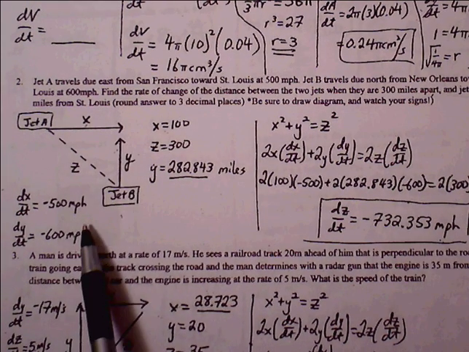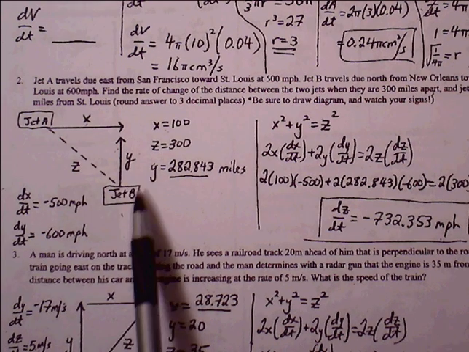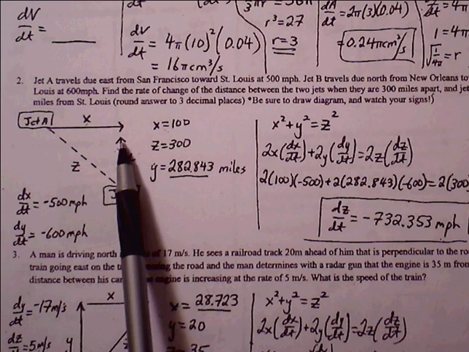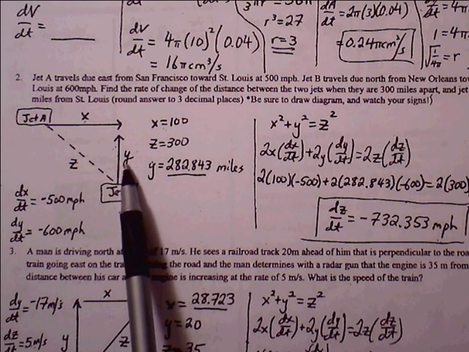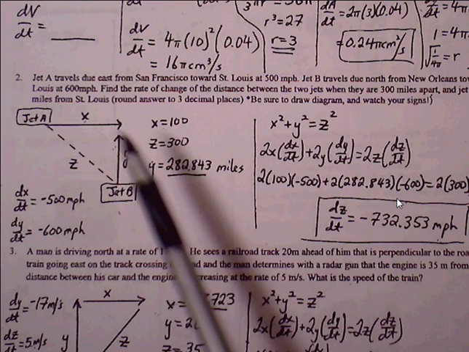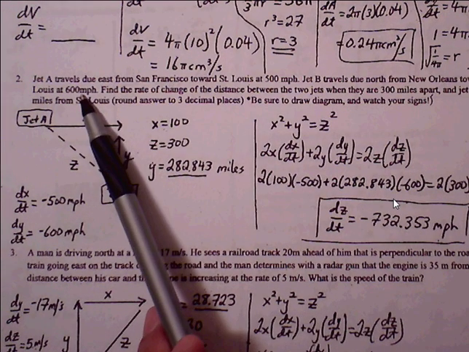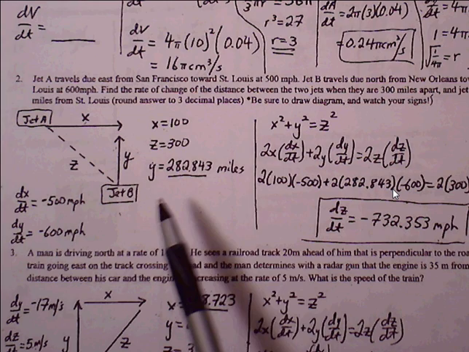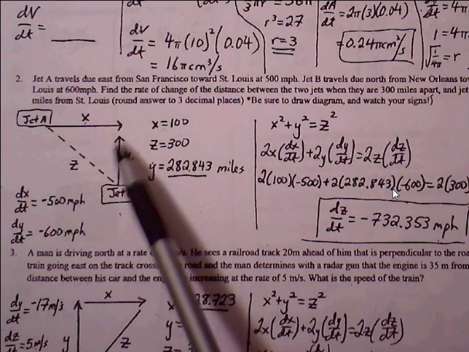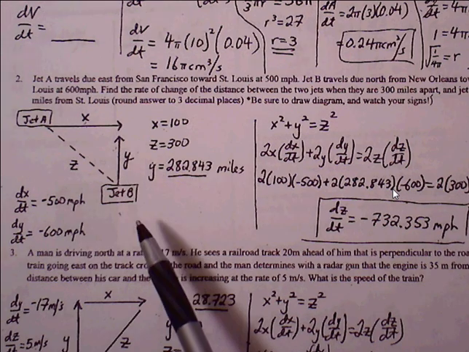Same with the distance between jet B and St. Louis. As jet B is traveling towards St. Louis, this y distance is going to decrease. So we have to make the adjustment and say that dy/dt is negative 600 miles per hour, because the distance between jet B and St. Louis is decreasing.